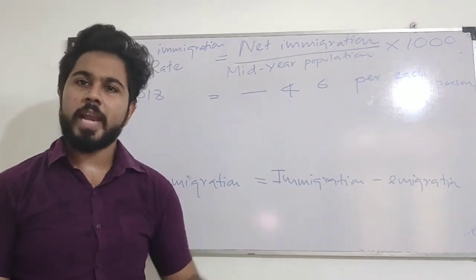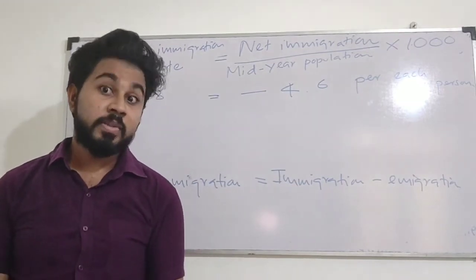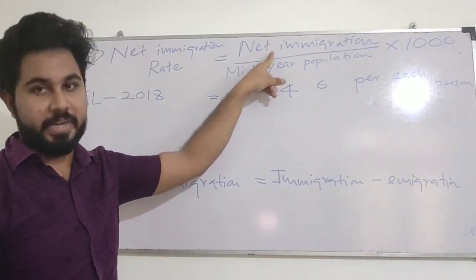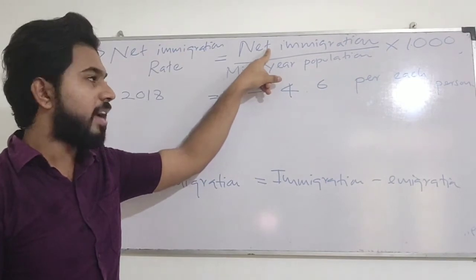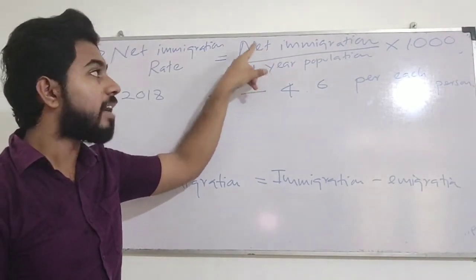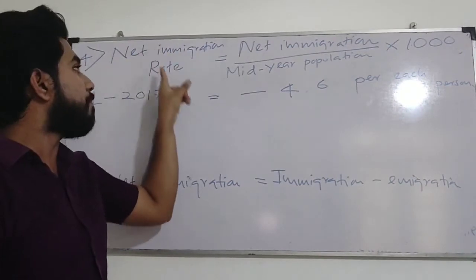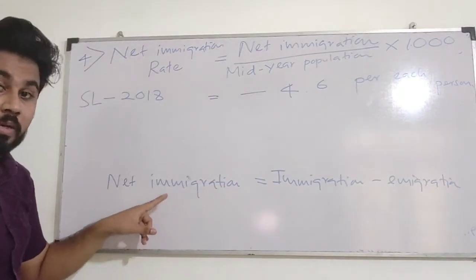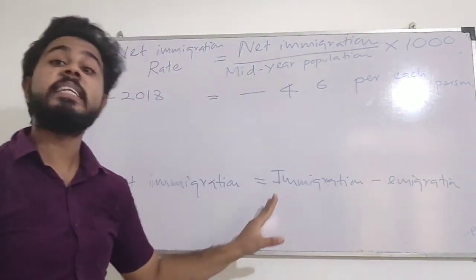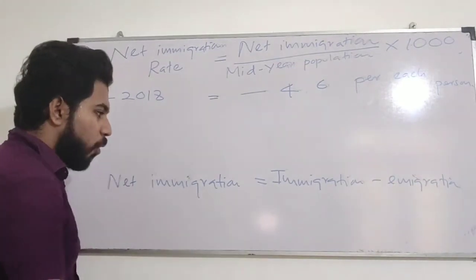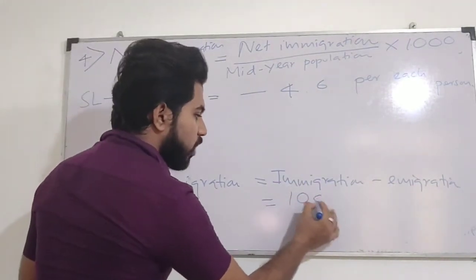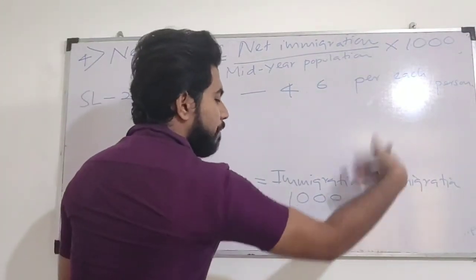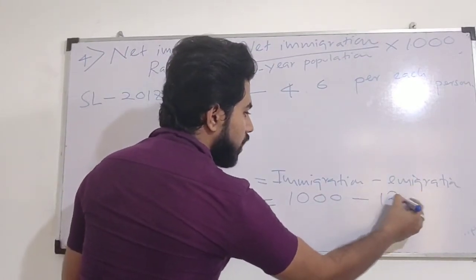So this is a negative value. Why? This is a negative value because net immigration is a negative value. Net immigration will be negative if emigration is greater than immigration. Suppose immigration is 1,000, that means the number of people who came in is 1,000, and the number of people who went out, emigration, is 1,200.